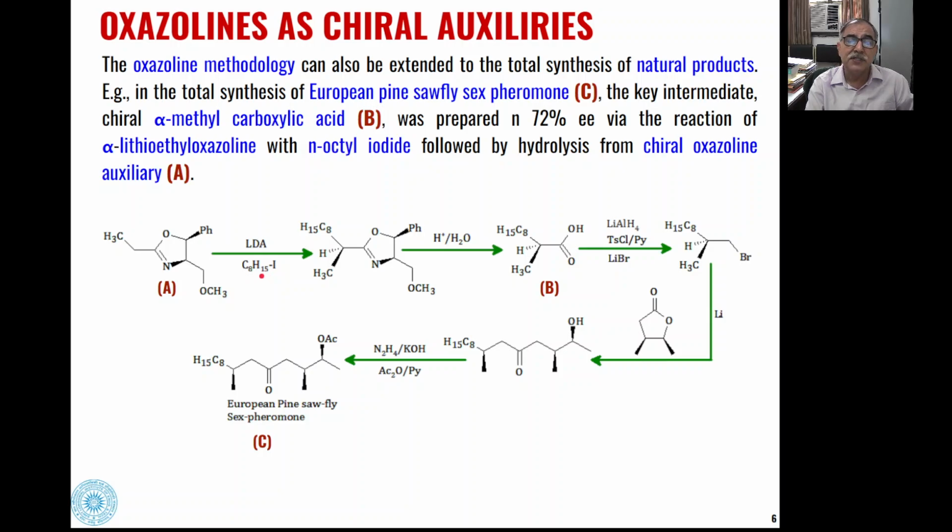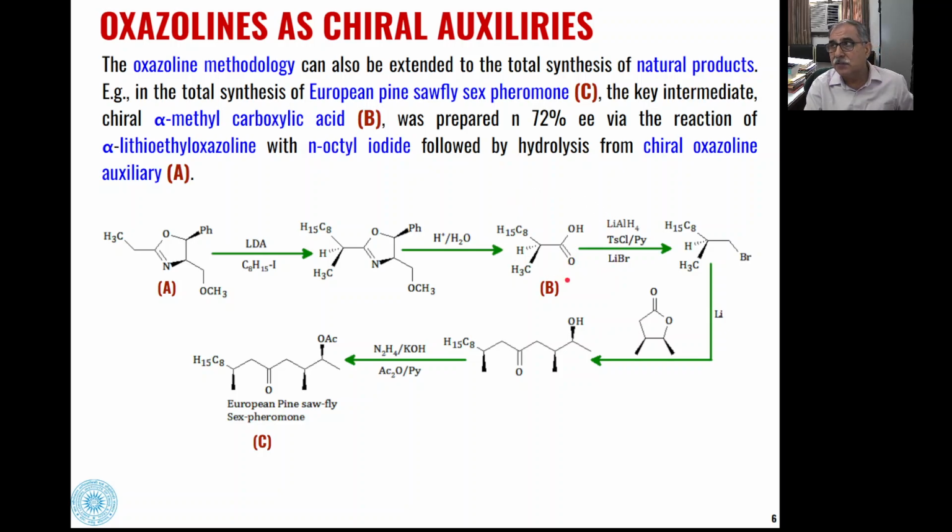In the present case, n-octyl iodide is used, and alkylation will take place at the alpha position, and we will get these types of alkylated oxazoline intermediates, and these on hydrolysis will lead to the formation of carboxylic acids. So alpha methyl carboxylic acids will be formed with 72% enantiomeric excess.